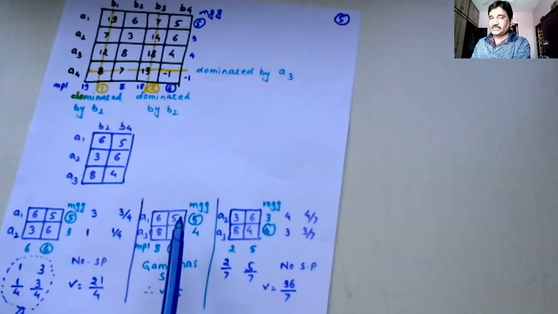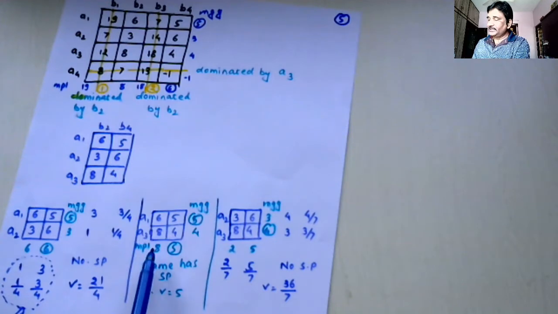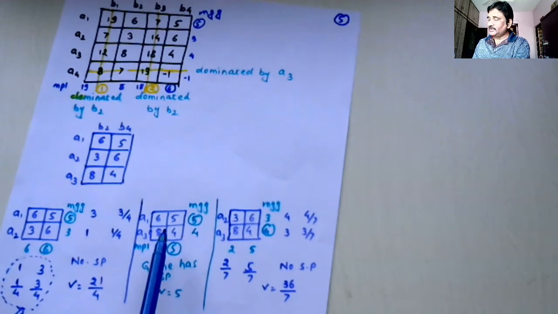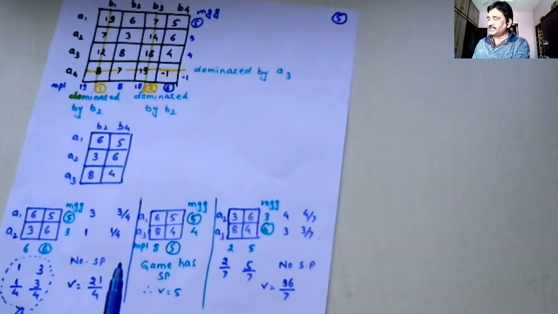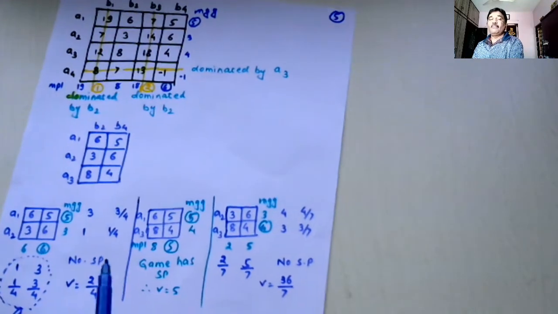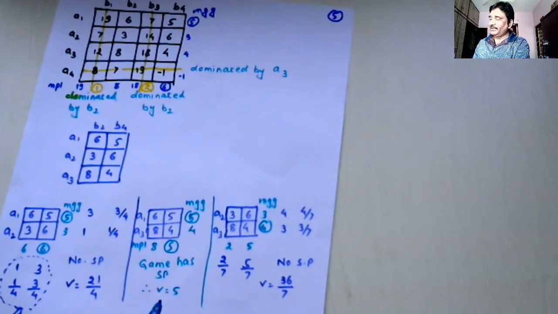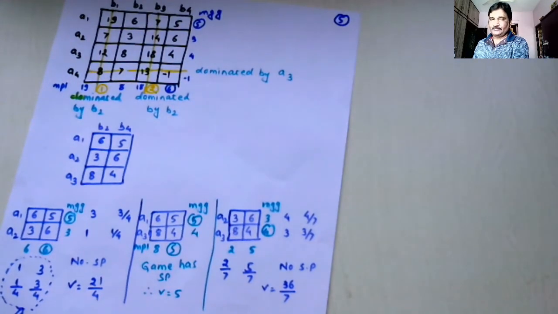Okay, so that maximum we have obtained here. Let's find the maximum possible loss, the maximum value in each column. So MPL: the maximum in the first column is 8, the maximum in the second column is 5, and you have to find the minimum of that, and that is 5 again. So maximin is equal to minimax, the game has a saddle point and the game value is 5.